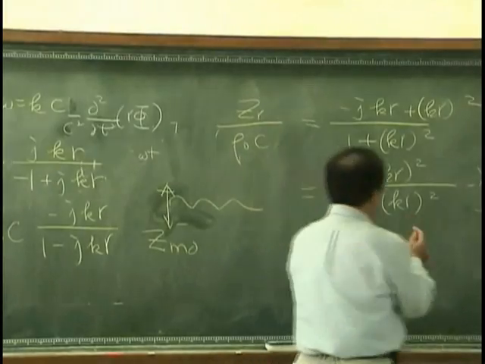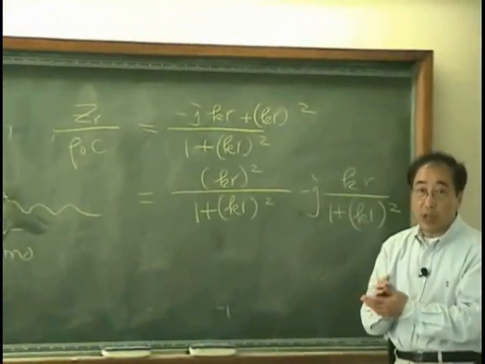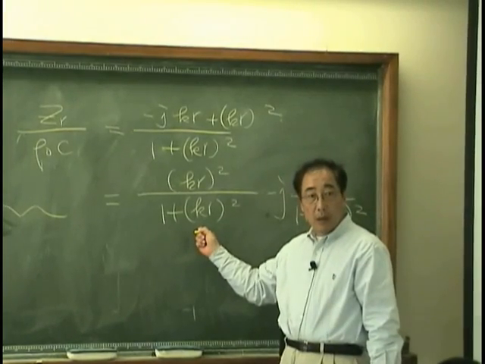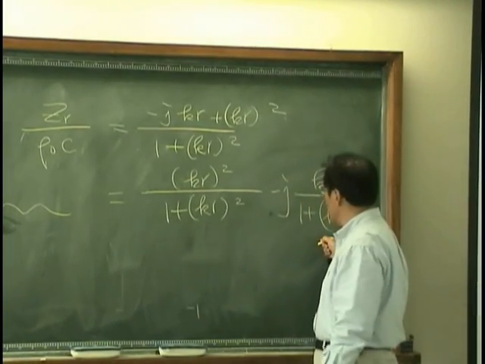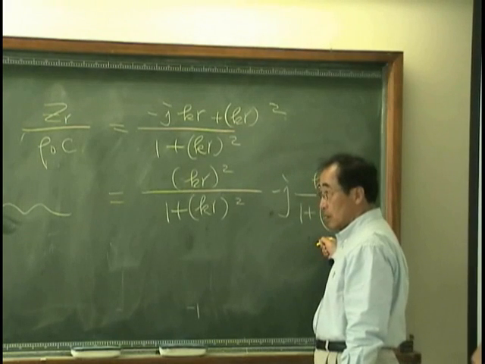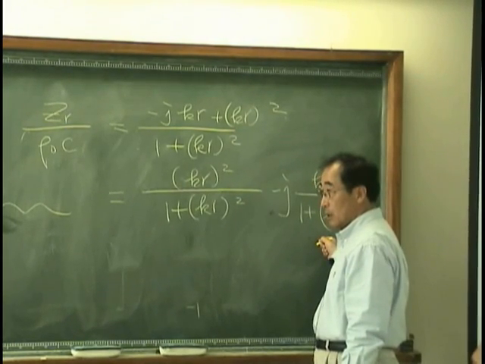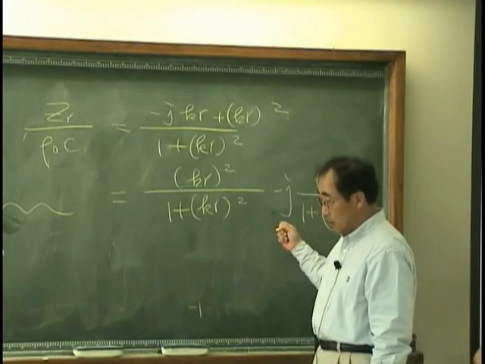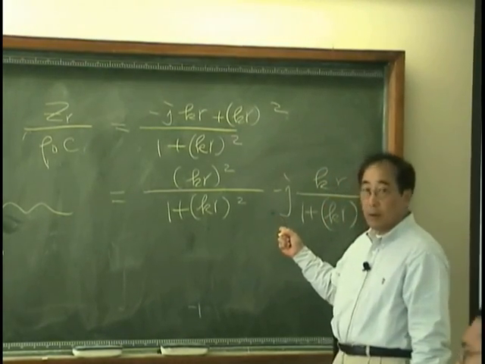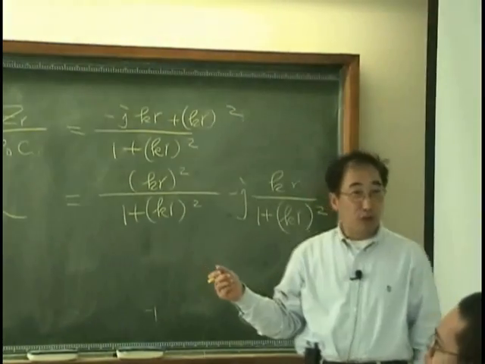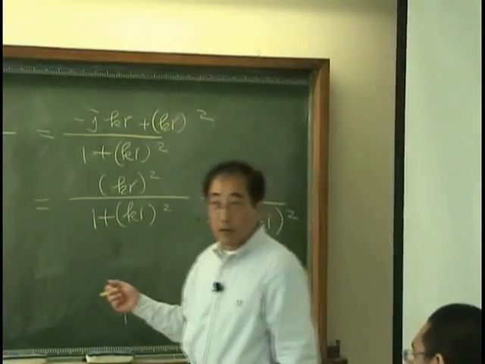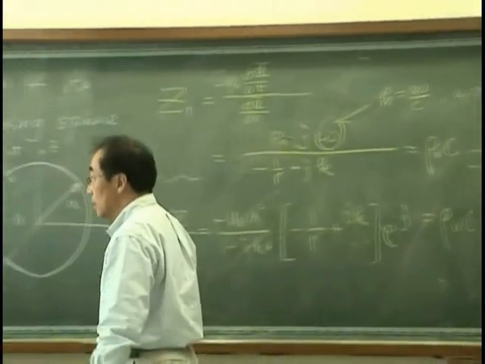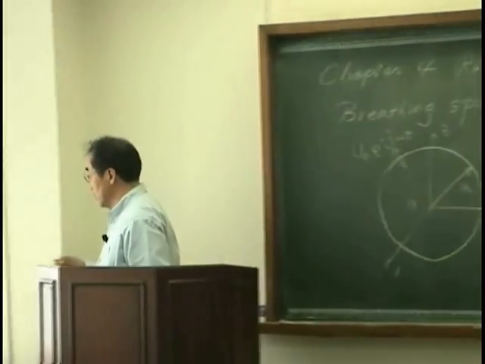Okay. But in the near field, that means when Kr is much, much smaller than 1, this one is what is it? Are we in the near field or far field? Depending on frequency, right?